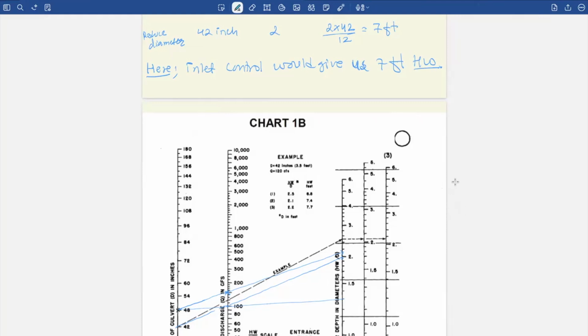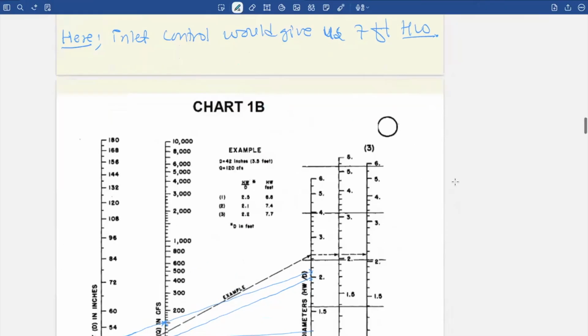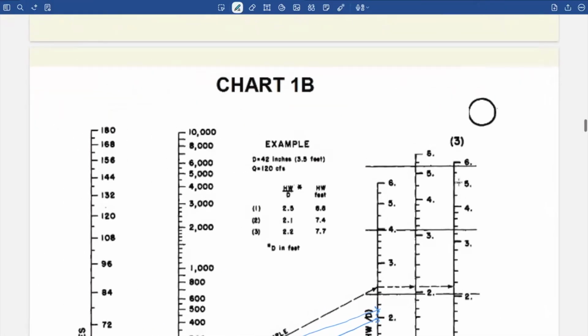So what does inlet control mean? Let me briefly explain inlet versus outlet control, because this is critical. Inlet control happens when water backs up at the culvert entrance. The pipe could actually carry more water, but the opening itself is the bottleneck. Think of it like a funnel. You can pour water fast, but the narrow neck limits how much gets through.